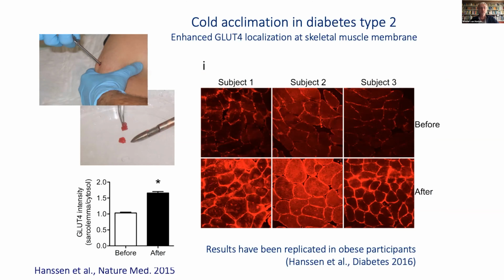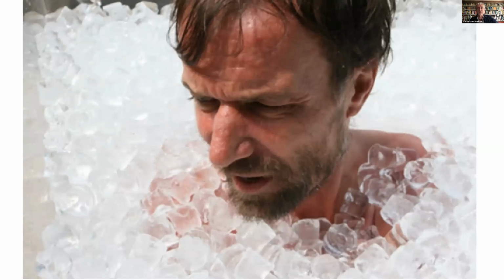Now I go back to an older study, just one or two slides, where we studied the Iceman, in which we saw that this man had a huge non-shivering thermogenesis capacity. The Iceman is very famous, Wim Hof, you probably all know him.